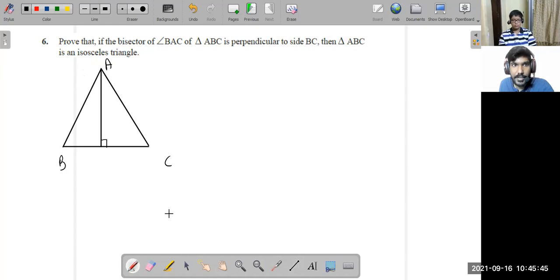Okay, this is perpendicular. You have to prove that this triangle ABC is an isosceles triangle. Now, one thing to note, I'll start with the proof.